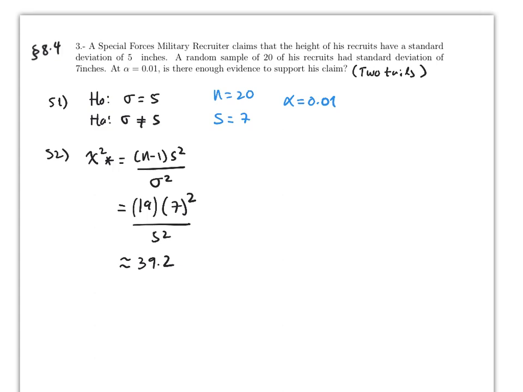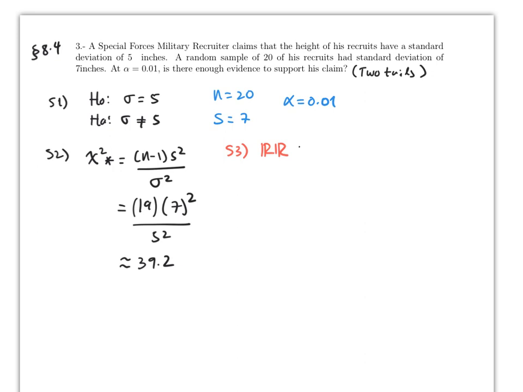Step 3, remember you always need to find the rejection region. This is 2 tails, so you have to find the right and the left side. Remember that chi squared is not symmetric, so you need to be careful with that.